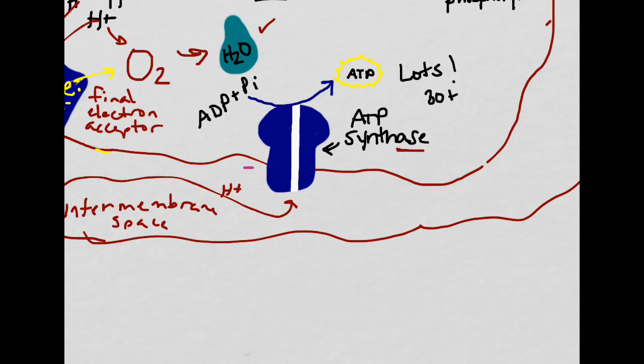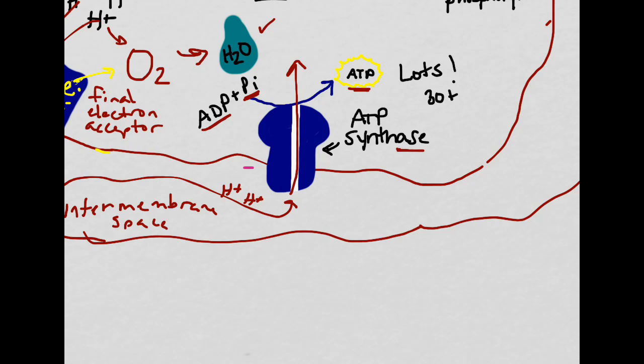So the hydrogen ions are going to flow through ATP synthase, and their current is going to cause part of ATP synthase to begin to spin, changing its conformation, and it does act like a turbine. Its job as an enzyme is to take ADP and phosphate, stick them together, and make ATP.